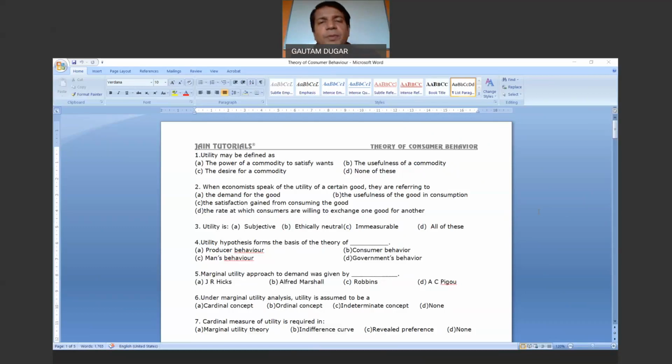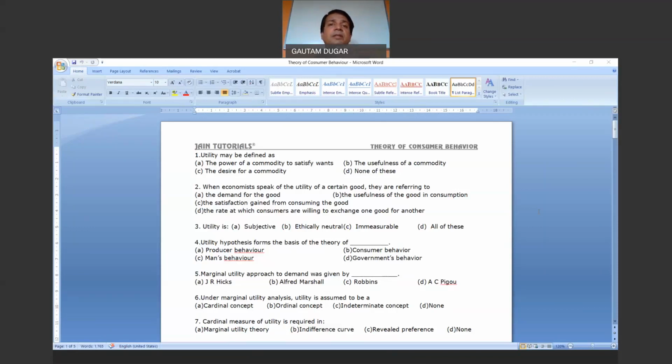In this theory of consumer behavior, we are concerned with the equilibrium of a consumer. How does a consumer attain equilibrium? First, as a consumer, our goal is optimization of satisfaction, to maximize our satisfaction. And what is satisfaction? In economics, we call it utility.